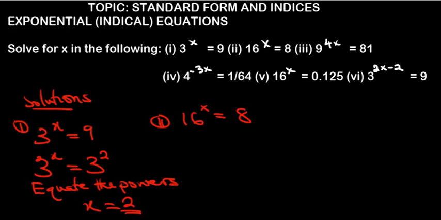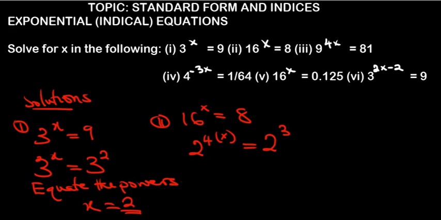Here 16 is 2 raised to power 4, then the x, we put it in brackets. 8 can be written as 2 raised to power 3, that is 2 times 2 times 2, 8. And 16 is 2 times 2 times 2 times 2, 2 in 4 places. When you multiply, you get 16.